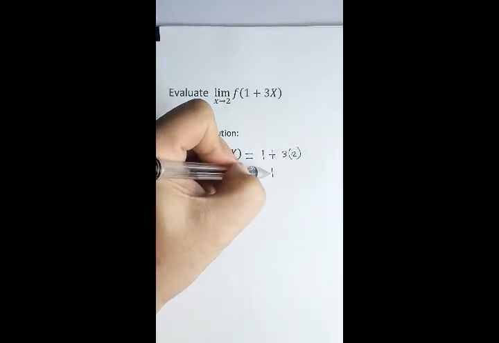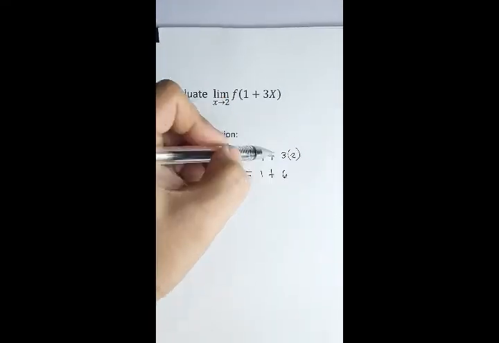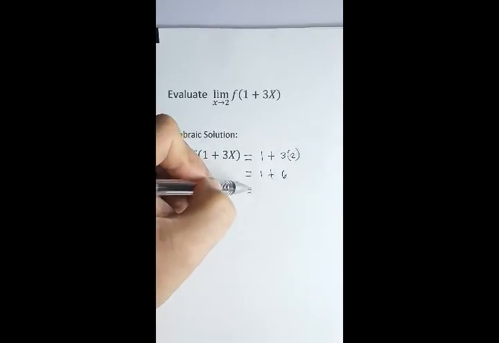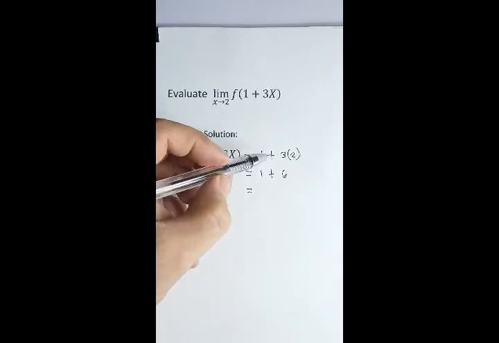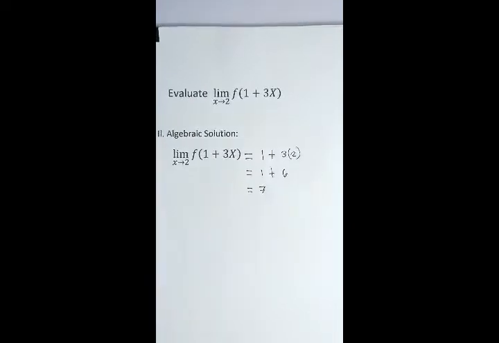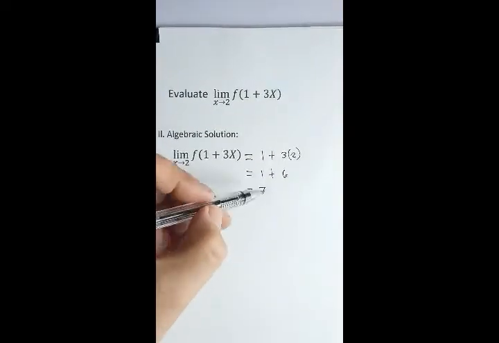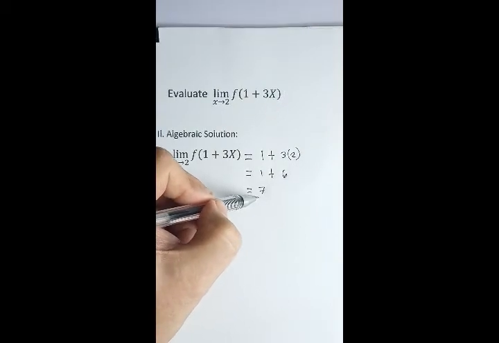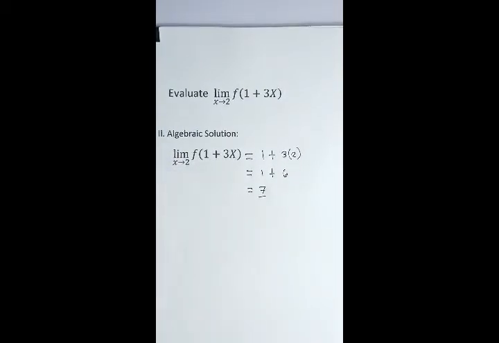So 1 plus 3 times 2 is 6. Then 1 plus 6 is equal to 7. So again, for the three methods, we arrive at the answer 7. So the limit of this function as x approaches 2 is 7.